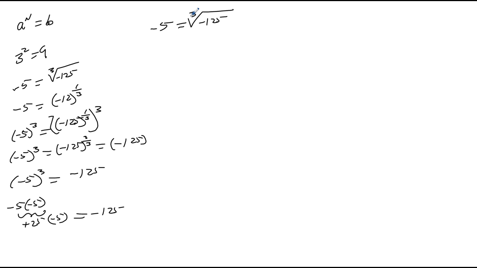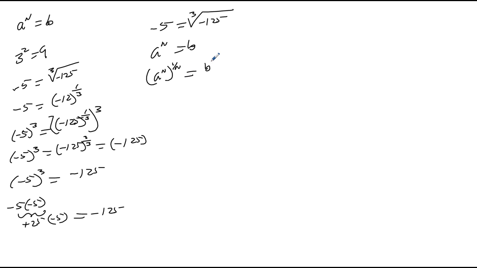Because when the index, which is 3, is the index, if we take a to the n is equal to b, and we take 1 over n of both sides, that's a to the n raised to the power of 1 over n, and what we do to one side we have to do to the other.